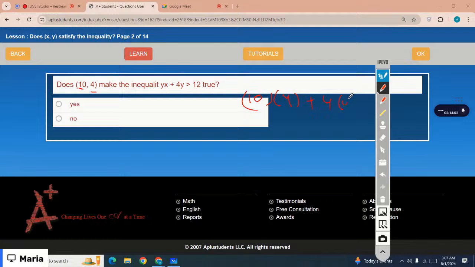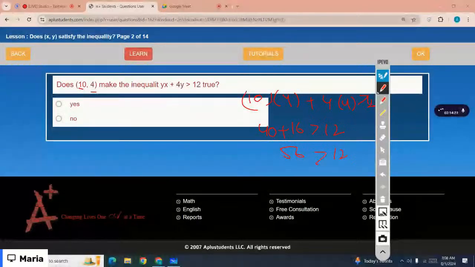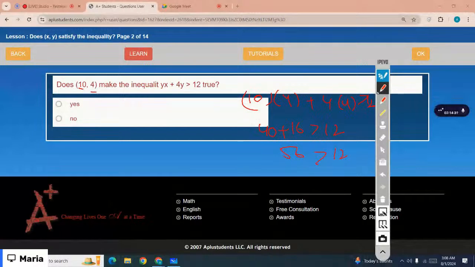So 56 is greater than 12. The correct option is yes, 56 is greater than 12.